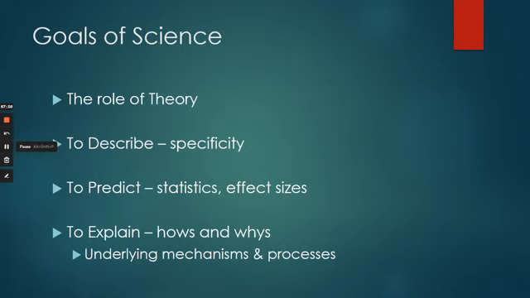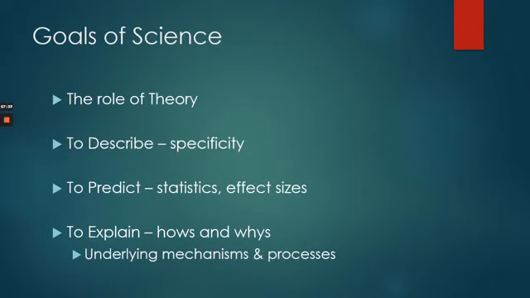And another thing that we should cover in this first lecture is thinking about the goals of science. When we do scientific studies, what are the goals? We already talked about that the role of theory is really important. Theory is really central to science and scientific studies. But the goals of science are to describe, to predict, and to explain.